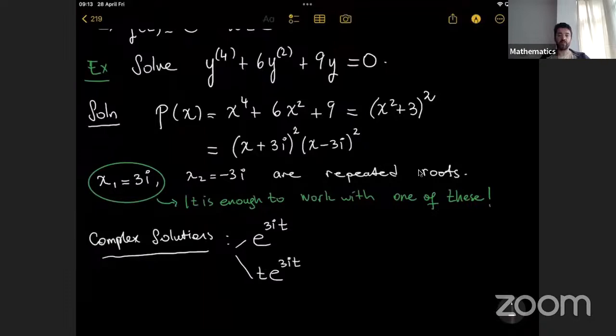We have 2 complex solutions. Since we have repeated root, we multiply this by t as in the previous example. Now let us write the real solutions.